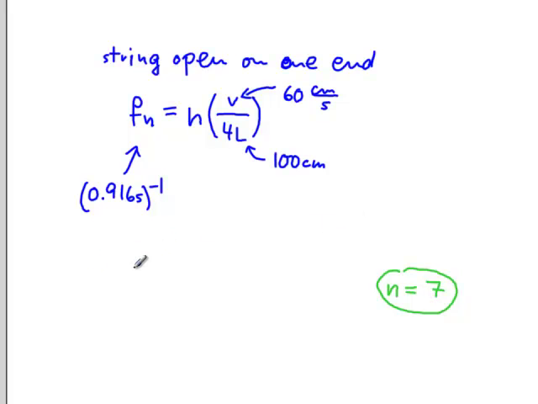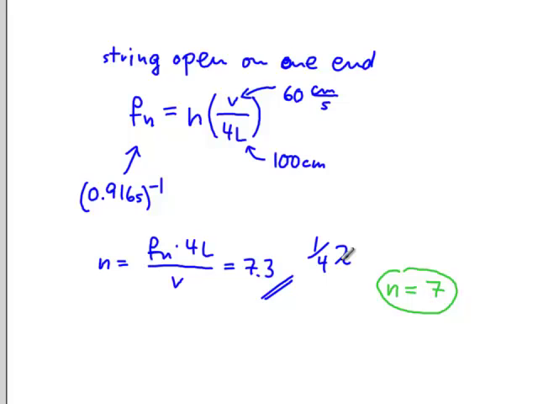And the algebra is going to be that the number of quarter wavelengths I should have would be Fn times 4L divided by V. So when I plug in those numbers, which is 0.916 inverted as 1.09 times 4 times 100 centimeters divided by 60 centimeters, I come up with 7.3, which is relatively close to what I was supposed to come up with, 7 quarter wavelengths.